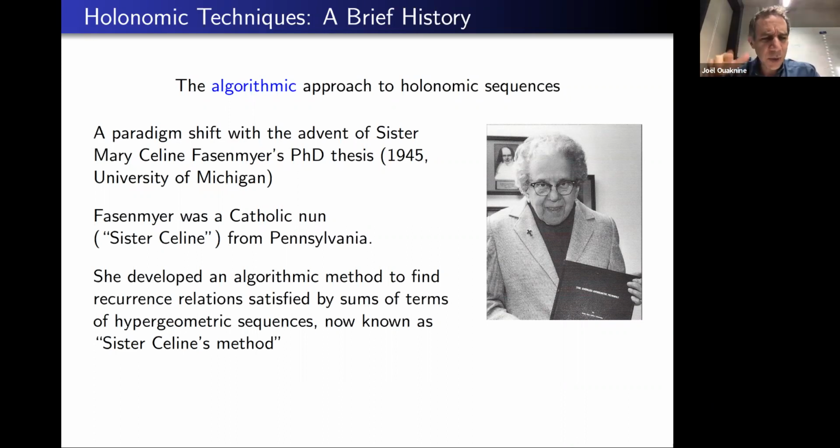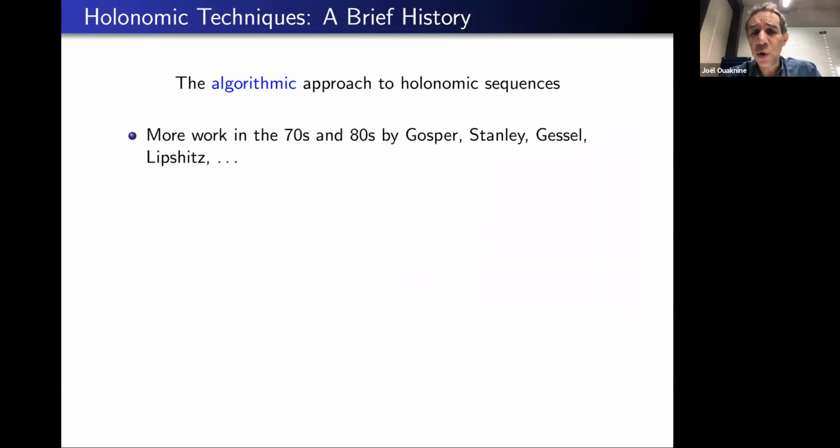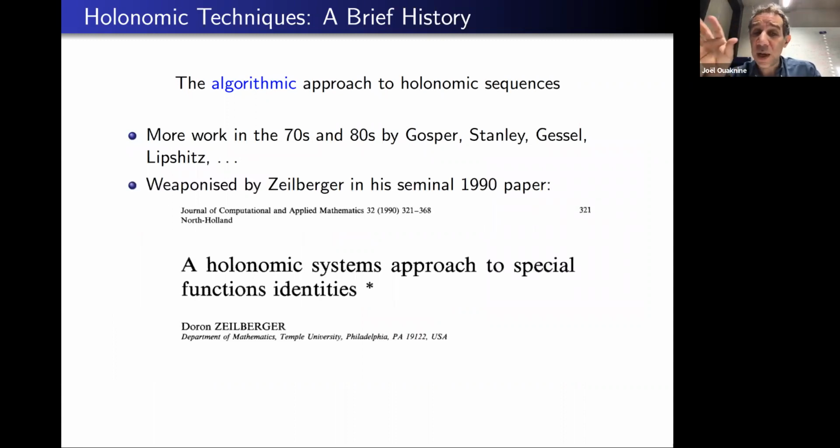She published a couple of papers from her thesis, and then, unfortunately for mathematics, she abandoned mathematics and went back to being a nun and doing nunly duties, I guess. But her work was continued later by other people, including Gosper, Stanley, Gessel, Lipshitz, and in particular was weaponized by Zeilberger in his seminal 1990 paper, A Holonomic Systems Approach to Special Function Identities.